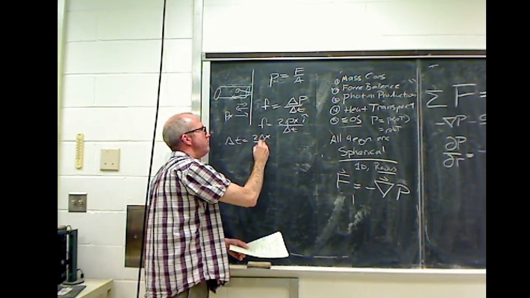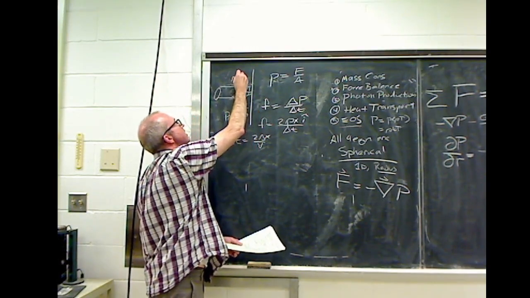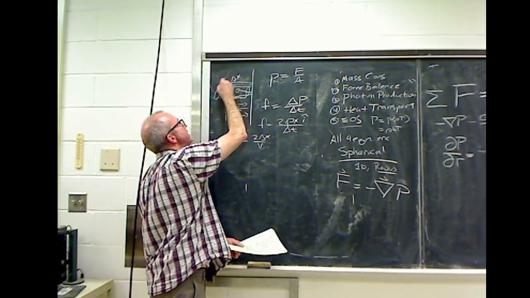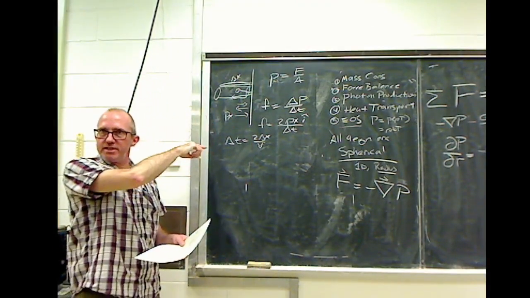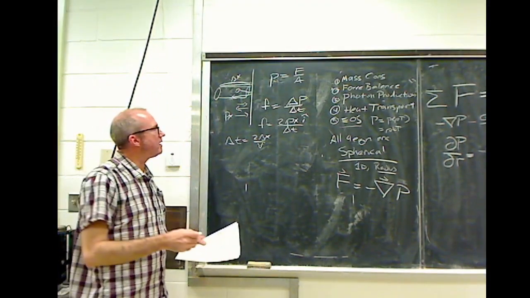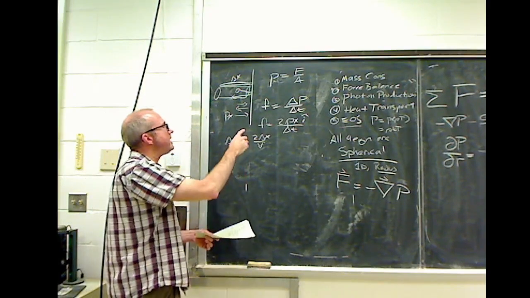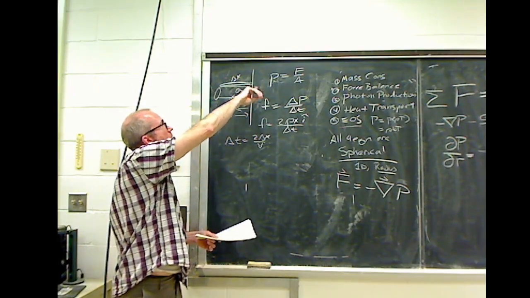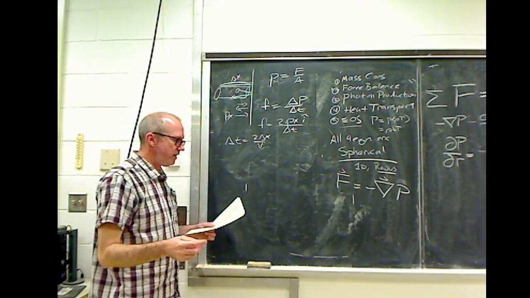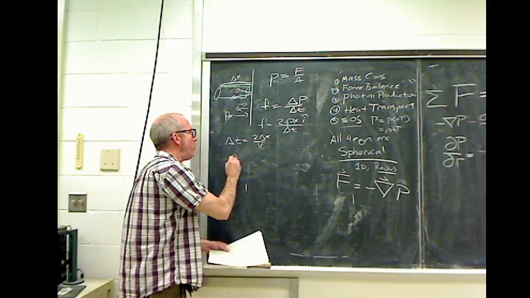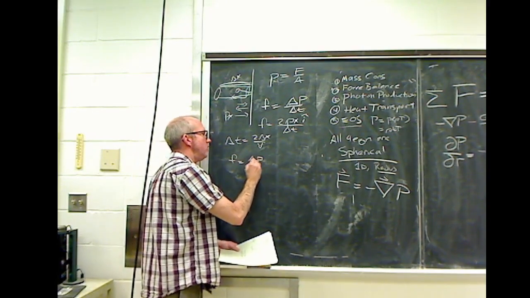over v, where I have some distance in my little test volume. So it can go a distance delta x, then it has to go back. So the time it takes between times for the molecule to bounce off the wall is 2 delta x over v. So then the force is just delta p over delta t.